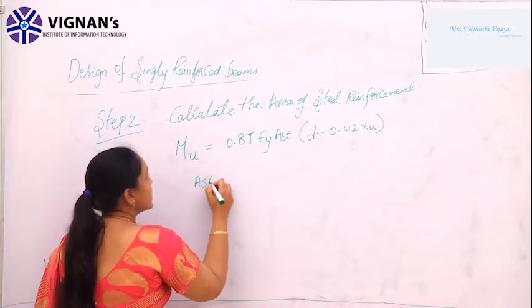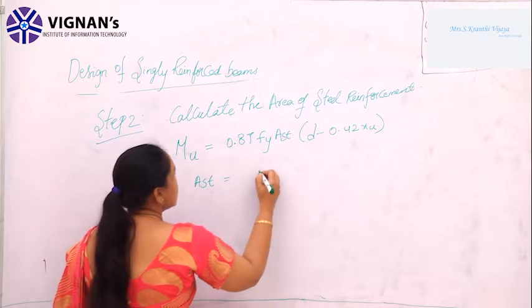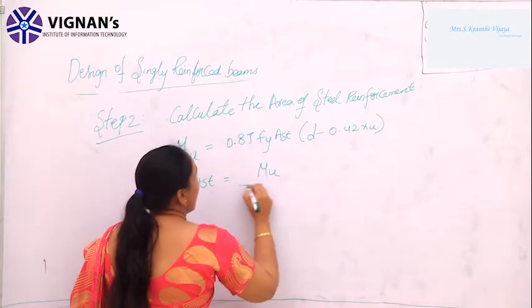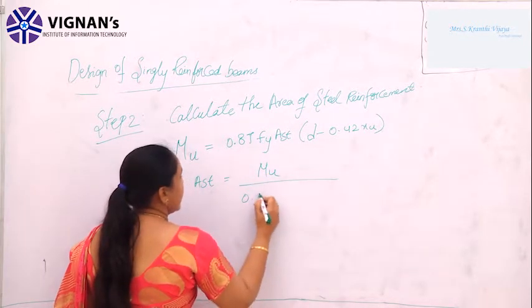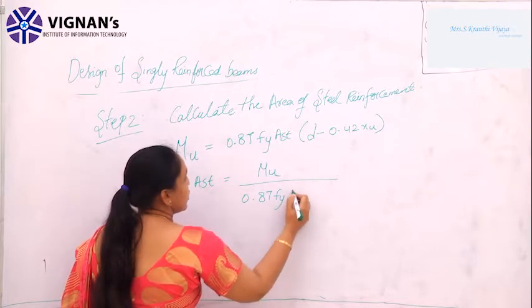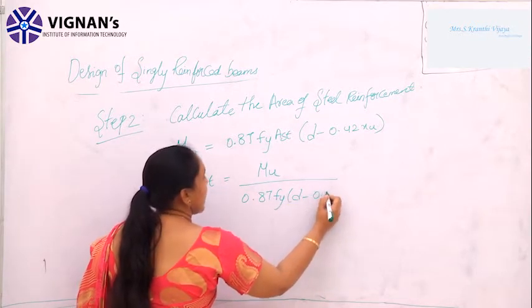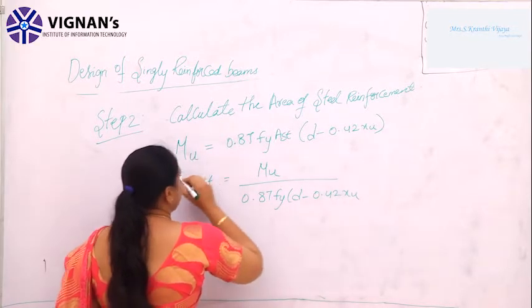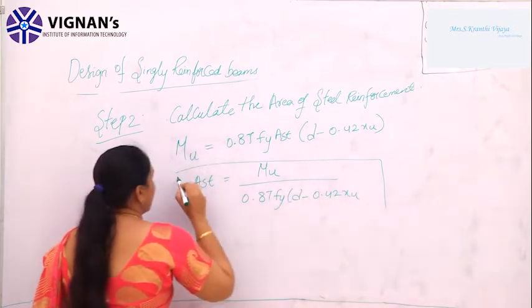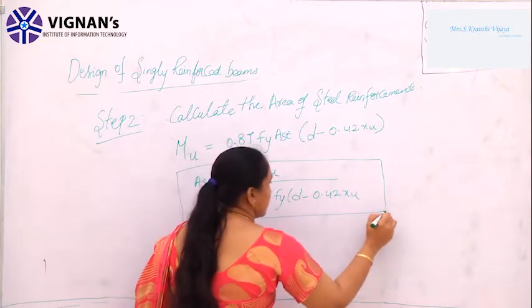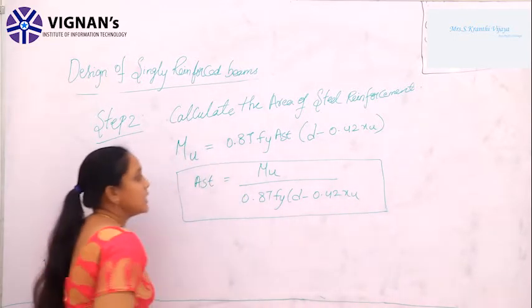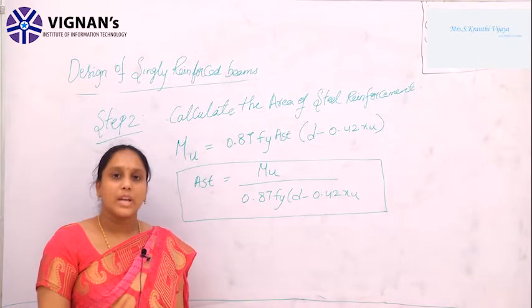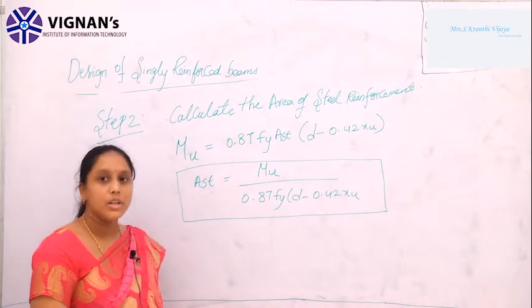So, what will AST be? AST will be equal to Mu divided by 0.87 into Fy into D minus 0.42 XU. So, from this equation, you can calculate the area of the steel.